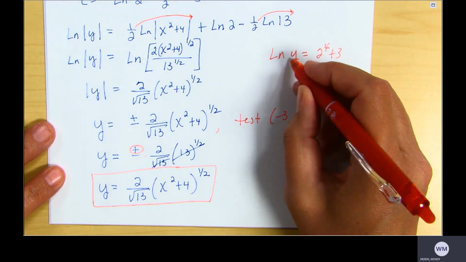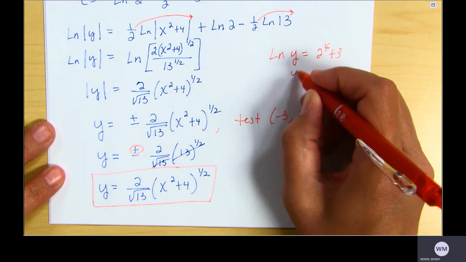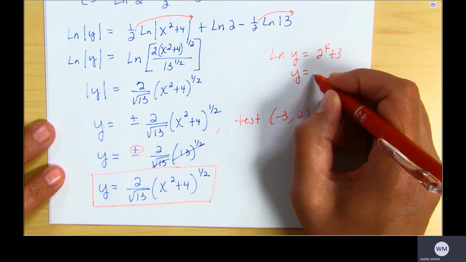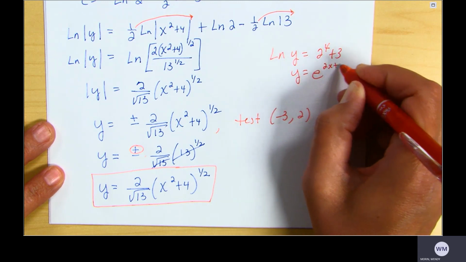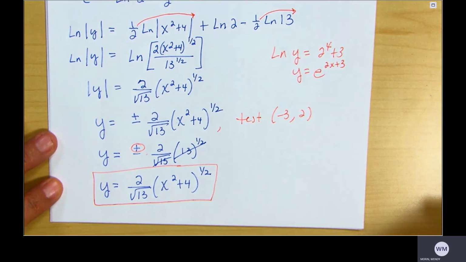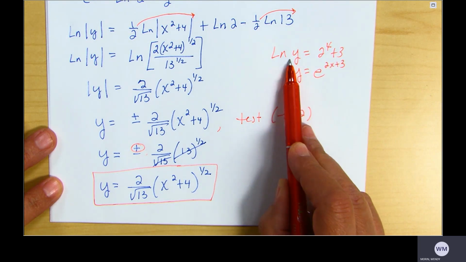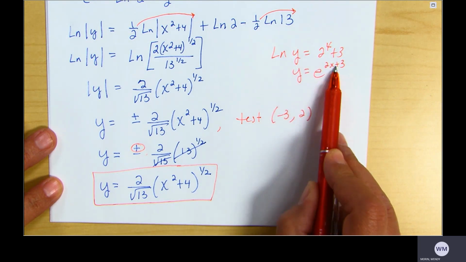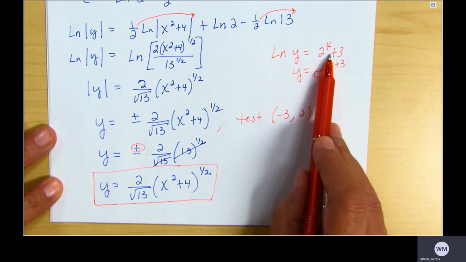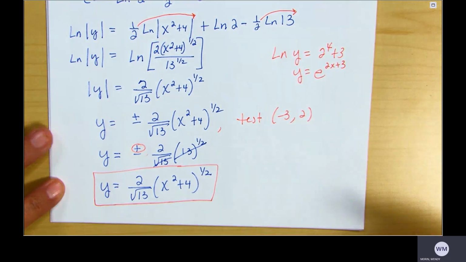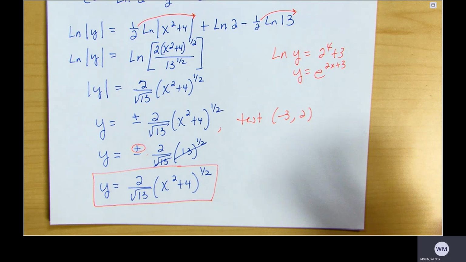Then y equals e to the 2x plus 3. And if you remember that, changing from log form to exponential form. This is your base. A log is equal to the exponent, which equals that. So this, again, remembering that property from 10th grade. And if you don't, again, you're just going to lose a point. Not that big of a deal.